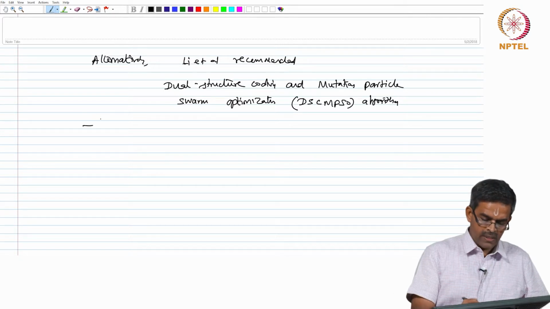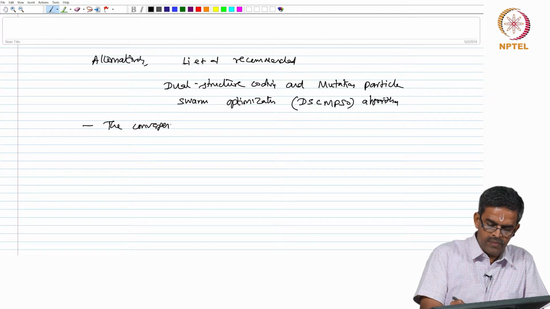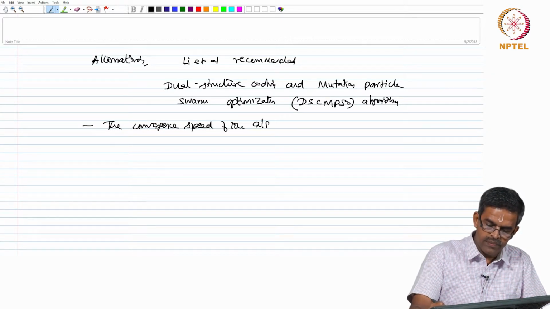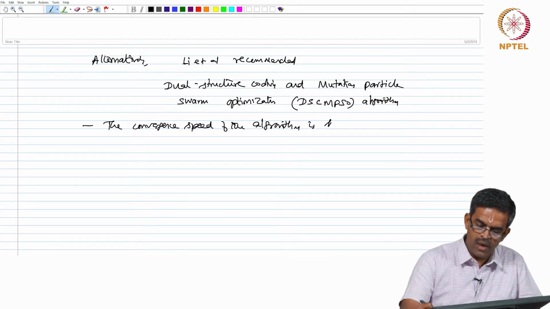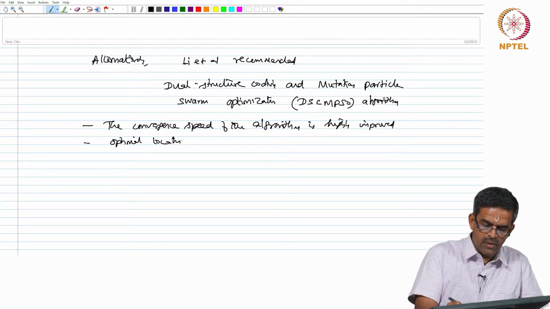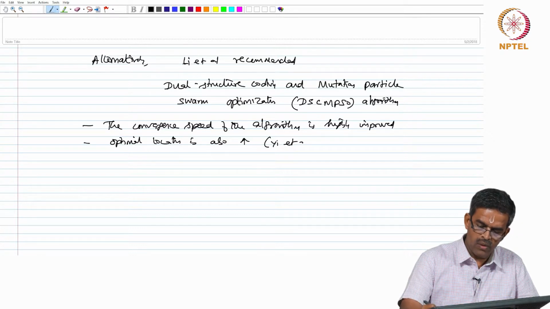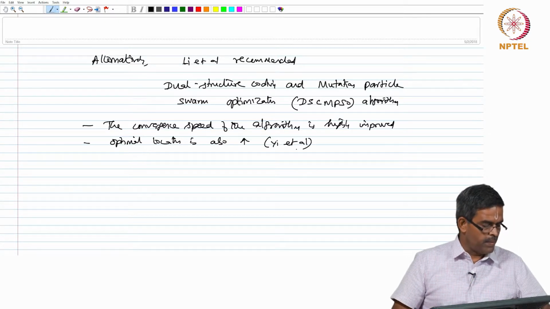Now, in this case, the convergence speed of the algorithm is highly improved, and the optimal location is also highly improved, as stated by Y et al. in the paper.